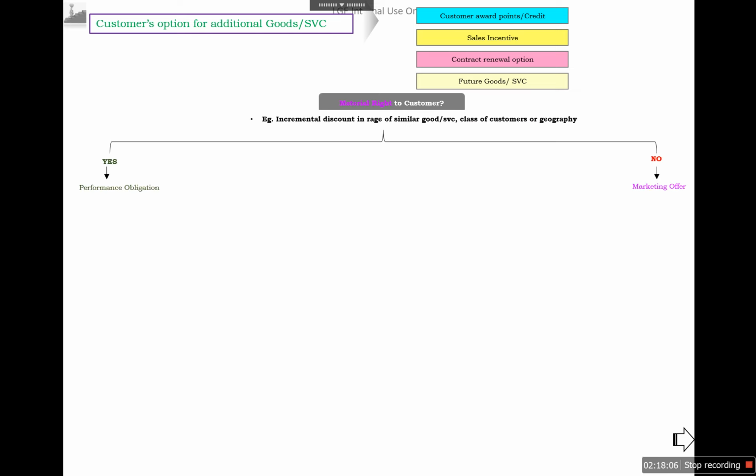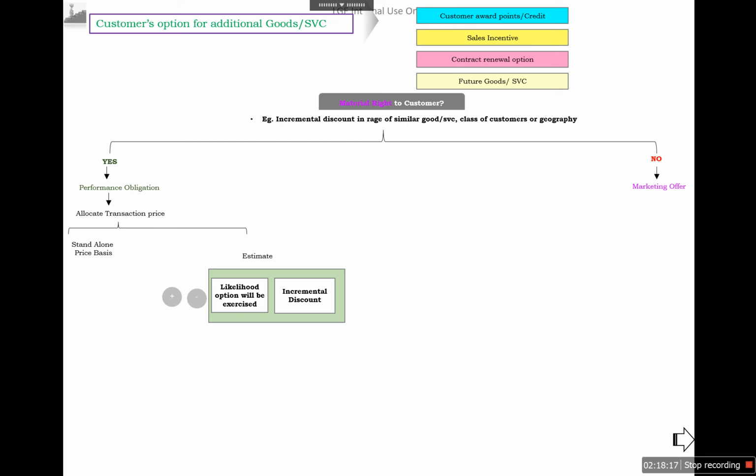If yes, then we need to book it as a separate performance obligation, and if there is no material right, in that case it needs to be booked as a marketing offer only. If it is a separate right, then we need to allocate the transaction price between the standalone price and the estimate and likelihood of the exercise of that right with the incremental discount.